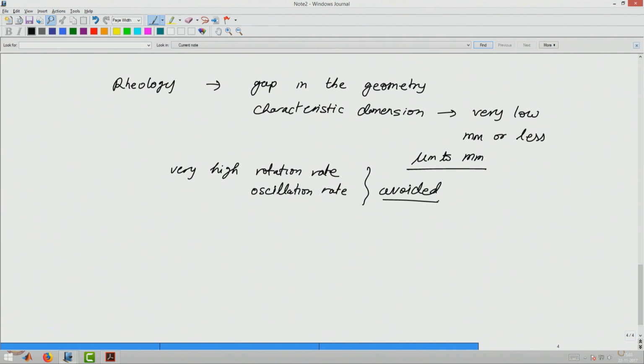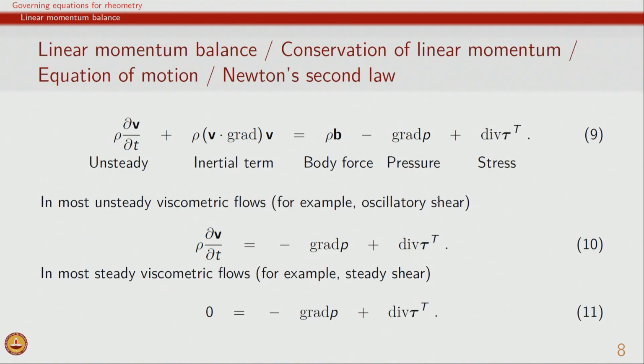Using this we can ensure that Reynolds number is low, and therefore the inertial term is not as significant. Based on this, the governing equation used for oscillatory shear will have a velocity which is a function of time, and for steady viscometric flows the velocity will not be a function of time, and therefore we have only the gradient of pressure and divergence of stress balancing each other.